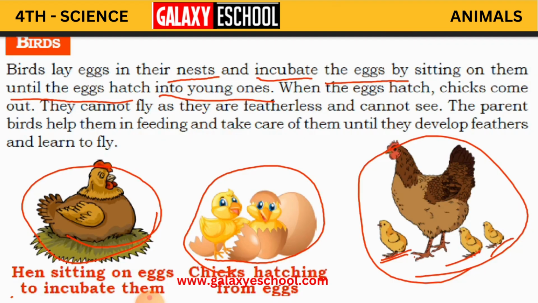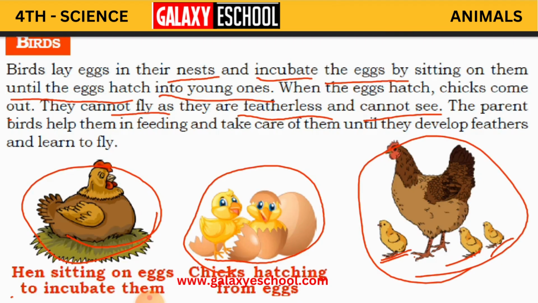So the baby chicks have come out from the hen. When the eggs hatch, chicks come out. They cannot fly as they are featherless and cannot see. See, children, when they come out, they cannot fly because they are very young.